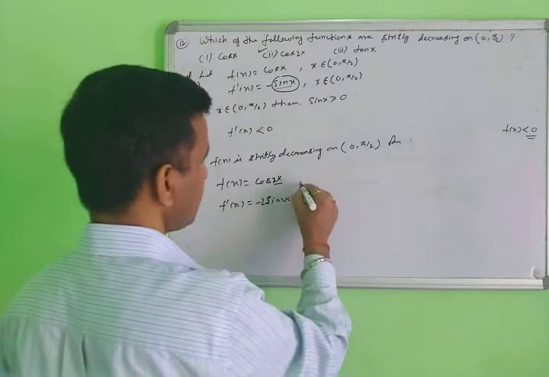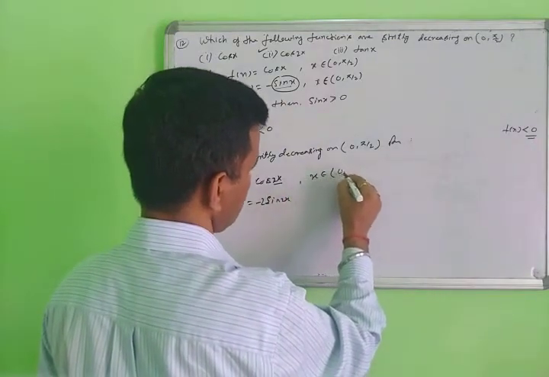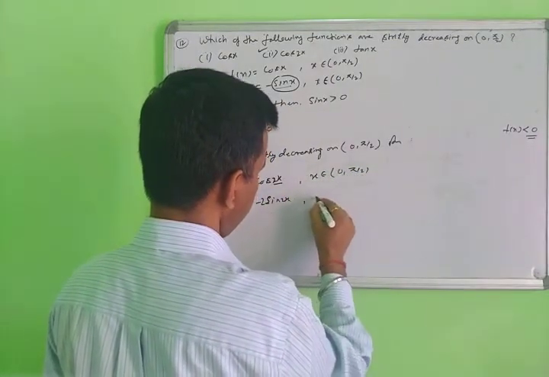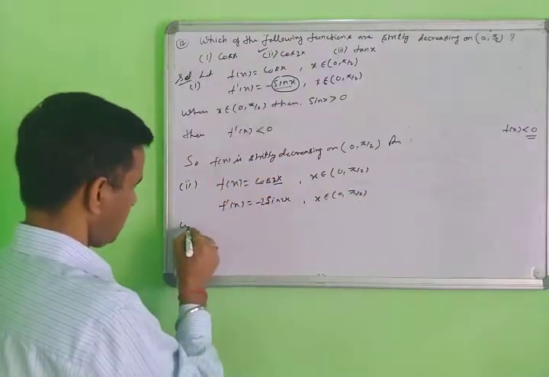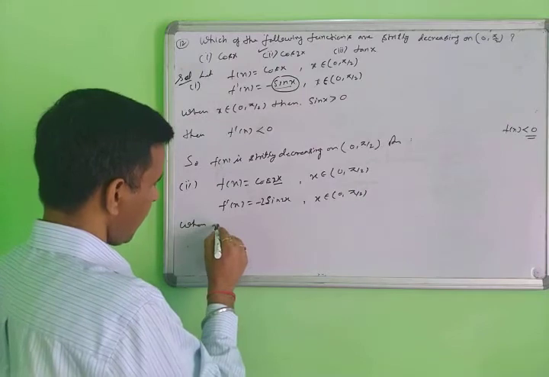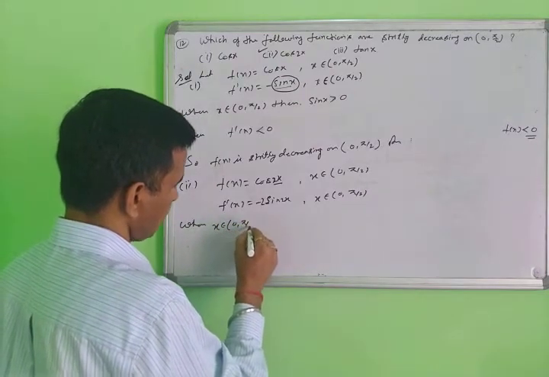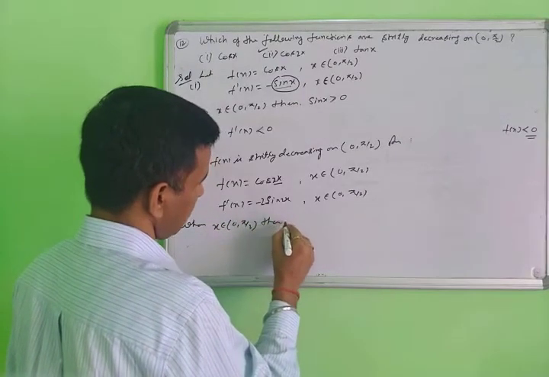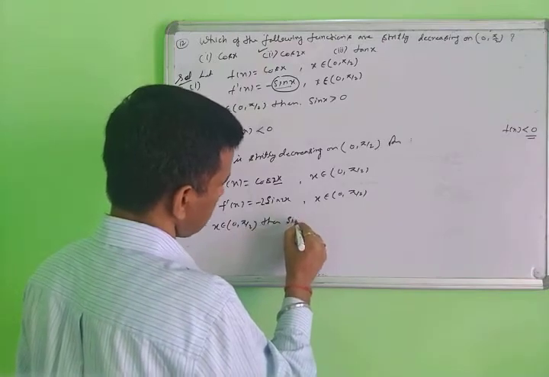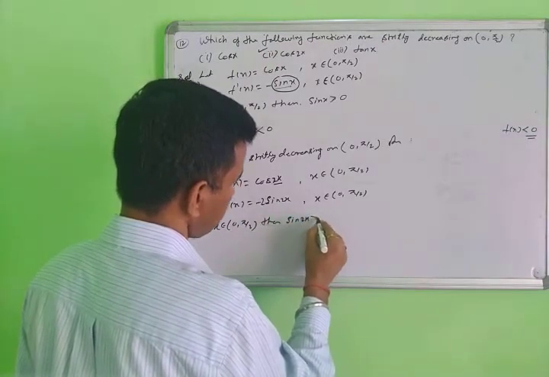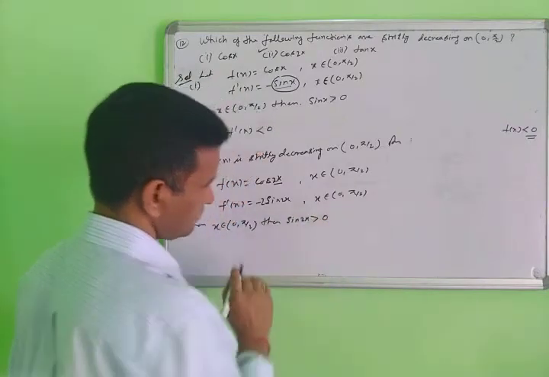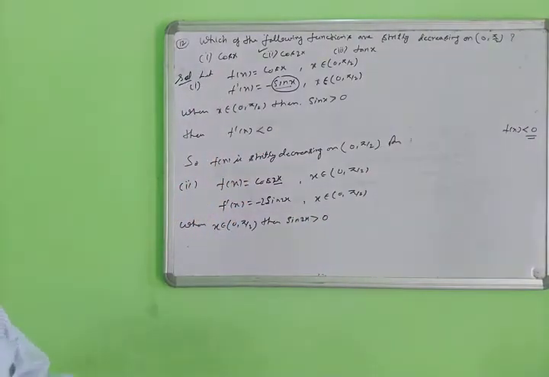The interval is the same, x belongs to 0 to pi by 2. When x belongs to 0 to pi by 2, sin 2x is greater than 0. How is it possible?